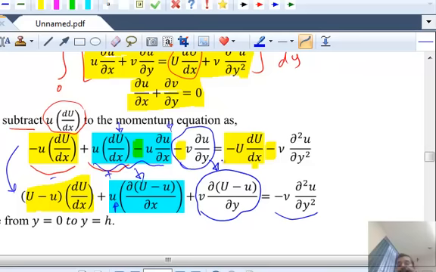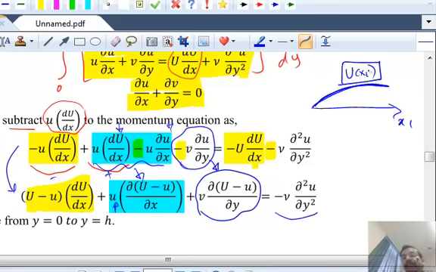Of course it is not a function of y, because capital U is a function only of x1. x1 is this direction. Capital U is the velocity profile at the edge of the boundary layer. This comes from potential flow. So it is not a function of x2. It doesn't change with x2. So I can put that inside, because when I take the derivative, it will be 0.